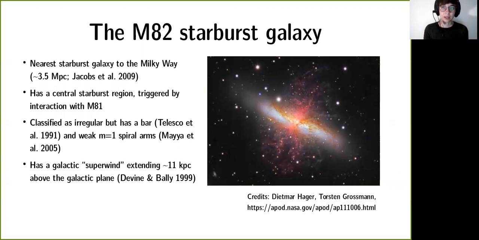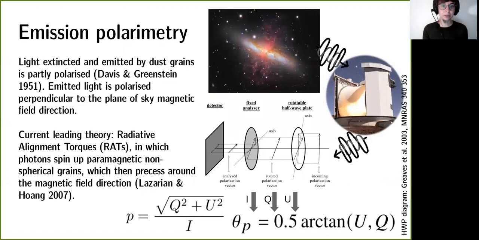Our tool for doing this was dust emission polarimetry. Emission polarimetry results from the fact that light extincted and emitted by dust grains is partly polarized. That's been known about for a very long time now. Emitted light from dust grains is polarized perpendicular to the plane of sky magnetic field direction.